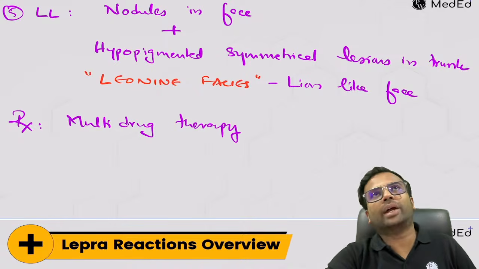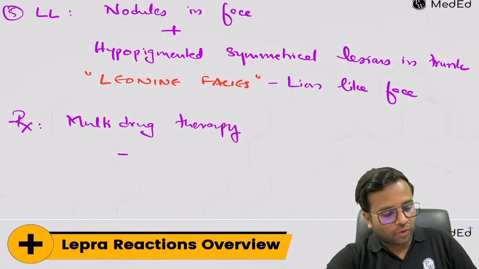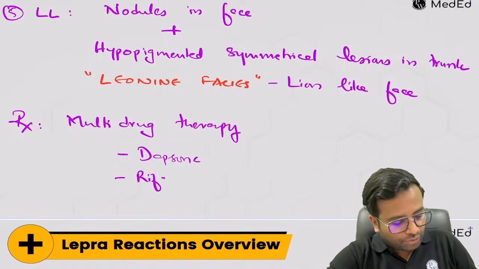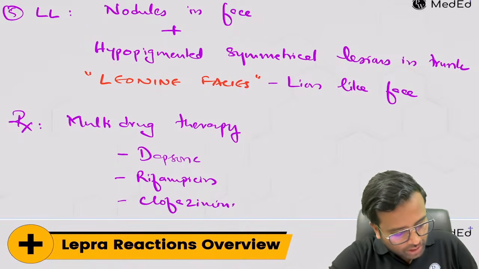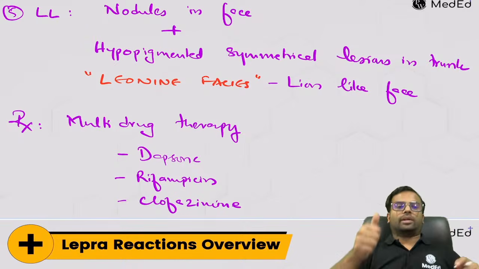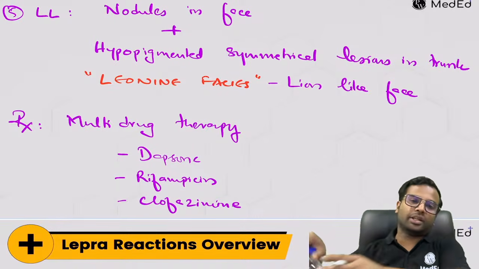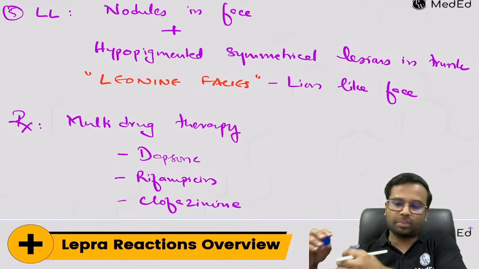And can you enumerate what are the drugs that are used in the management of leprosy? It is with dapsone, rifampicin, and clofazimine. Dapsone, rifampicin, clofazimine. These are the three drugs that are used for the management of leprosy.